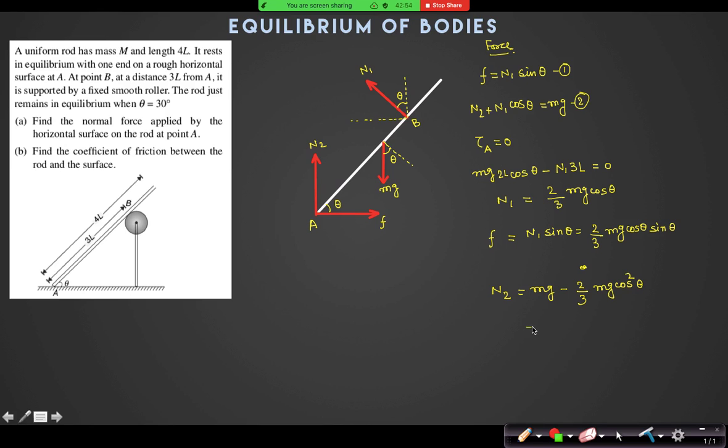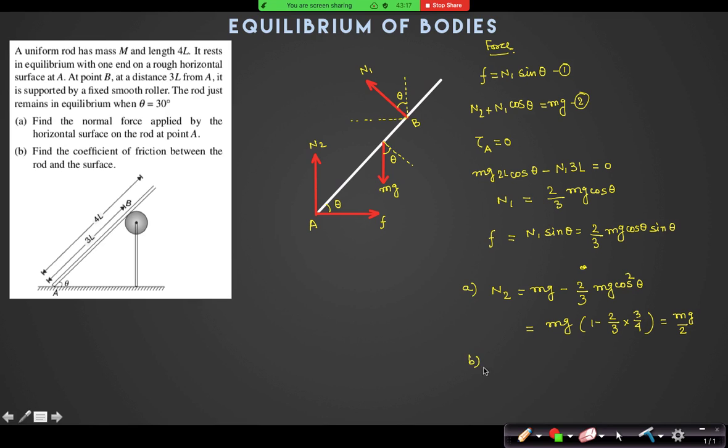So mg into 1 minus 2 by 3. Cos of 30 degrees is root 3 by 2, so cos square is 3 by 4. That gives half, mg by 2. So the first question is solved.